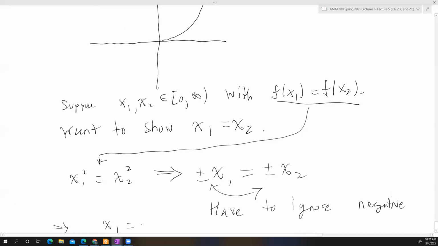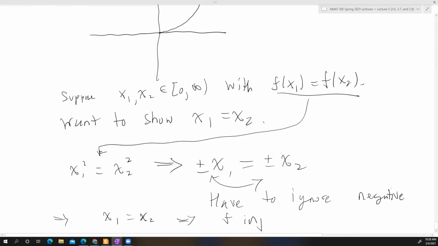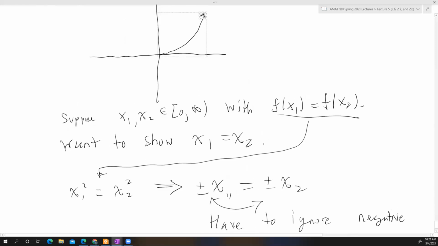But if they're both positive, then they just have to be the same, right? Because this says plus or minus x1 equals plus or minus x2, but I'm going to ignore those negatives. So I have pluses, and I can just drop the plus signs, and that will just mean that x1 equals x2. So that implies that f, when you restrict the domain in this way, is injective. So up here, we have restricted the domain.